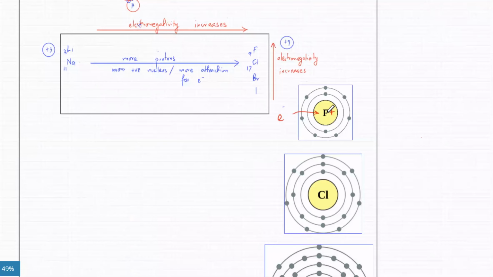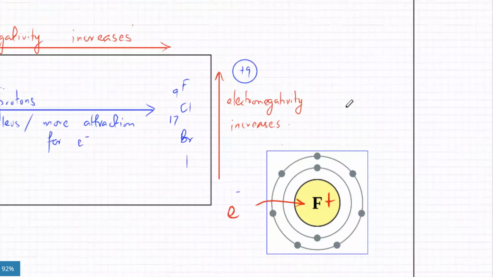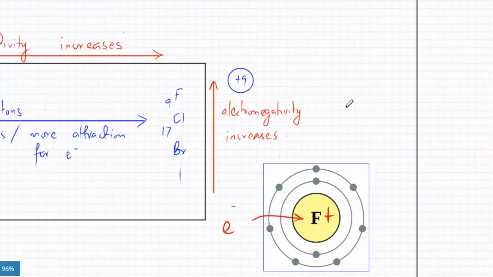The nucleus would be really exposed, and the force of attraction would be pretty strong because the electron would be very close to it, and there are not a lot of electrons coming in the way. So remember this: smaller atoms are less shielded. They have less shielded nuclei, not surrounded by a lot of electrons, so it's easier for them to attract more electrons.